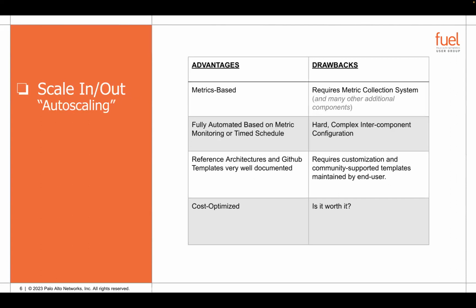When we talk about scaling out or scaling in, we're usually talking about doing this in a more programmatic way. Auto scaling, right, is a popular term, and probably a more popular idea in the public cloud, things that we do in AWS or Azure or GCP. But it's certainly not limited to that.